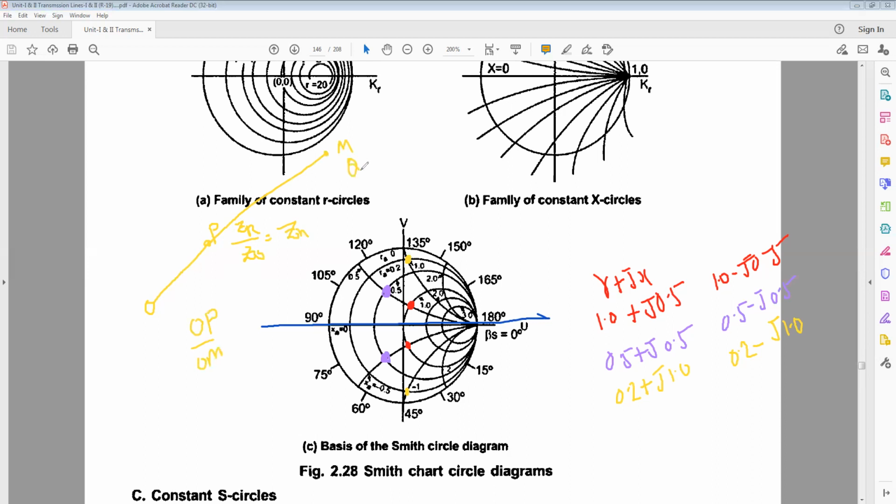Let us take it as Q also, in some textbooks it is mentioned as Q, or in some textbooks it is M. Okay, OP by the OM value. Understood?